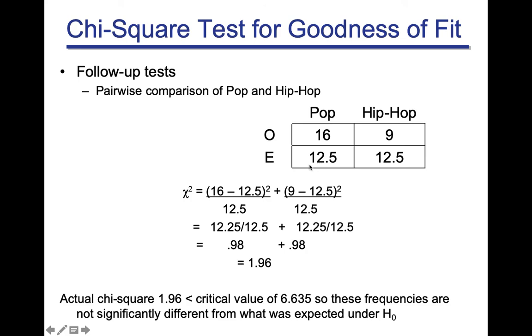We would fail to reject the null hypothesis of equal preference. Essentially, these are insufficient data to conclude that there is not an equal preference between the two. We have to accept for the time being that there is an equal preference among students between these 2 categories of music.